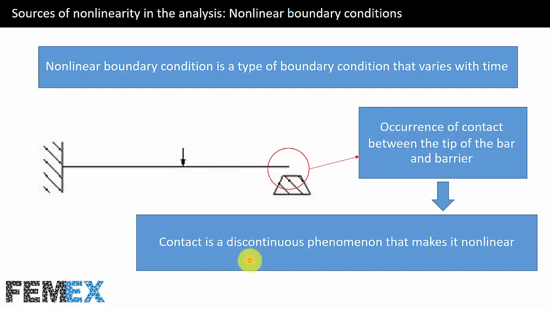Contact is a discontinuous phenomenon that makes it nonlinear. The occurrence of contact between the tip of the bar and the barrier makes this simulation nonlinear. But before contact, this simulation is linear, and after the occurrence of contact, the simulation will be nonlinear.